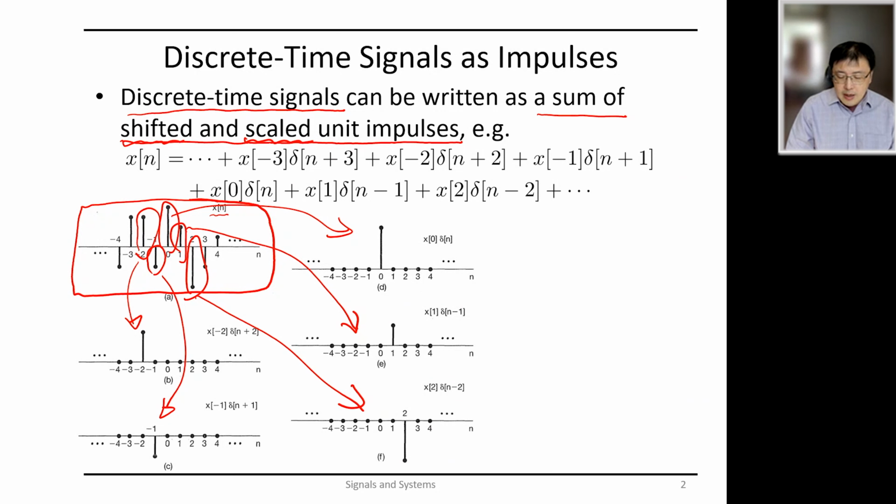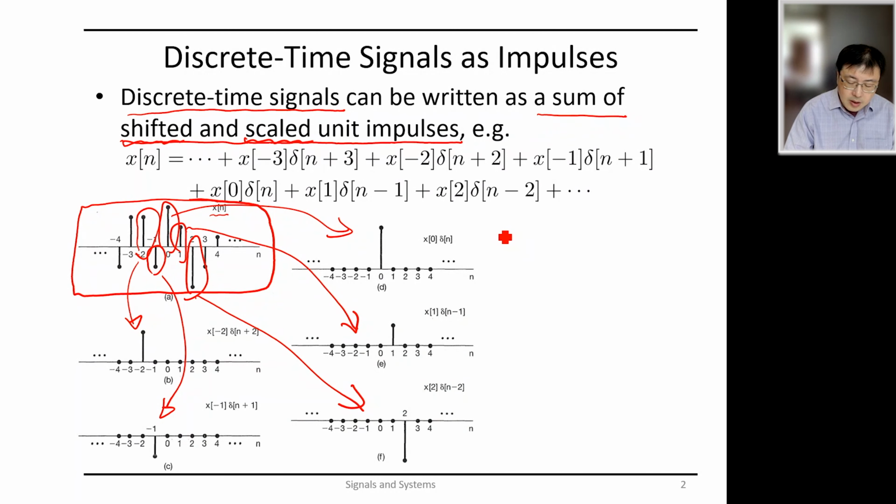Now, a sample at time -2 is expressed as delta of n plus 2, the unit impulse shifted to time -2, scaled by the value of x at that time. And the impulse at time -1 is delta of n plus 1 times the value of x at that time, and so on and so forth. So for any signal x[n], you can write it as the summation of all these time-shifted and scaled impulses.